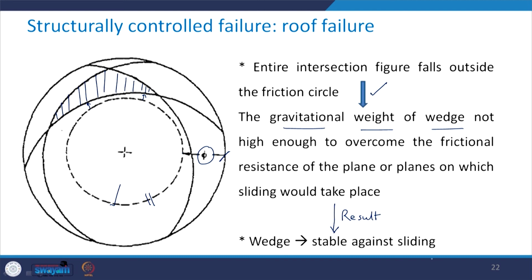So, this is what I wanted to discuss with you as far as the stability of the wedge in the roof portion is concerned, that is, how we can find out whether it is going to fall, whether it is going to slide, or whether it is stable.